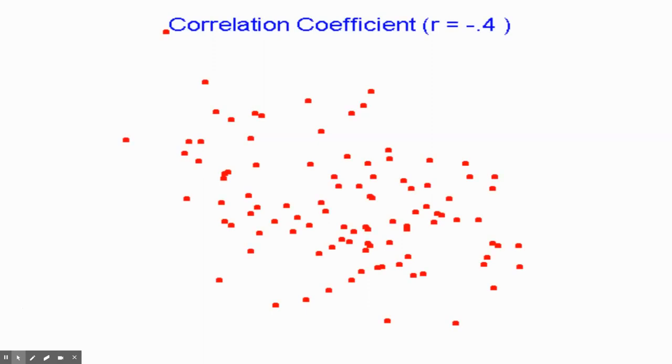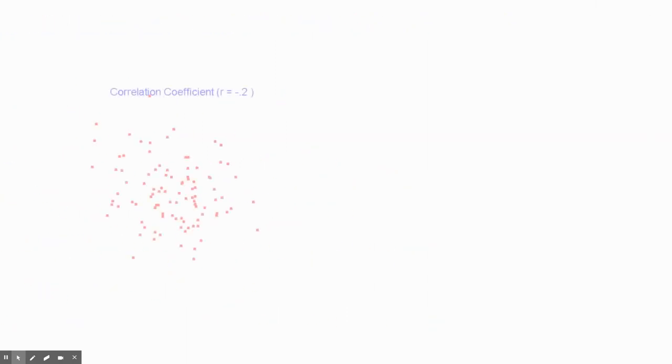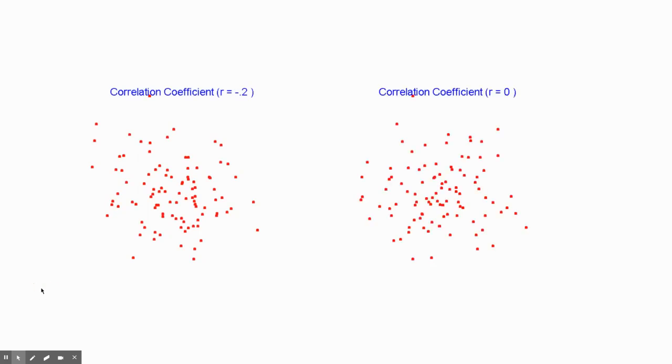-0.4. Now it's starting to look like a snowstorm. I would officially start calling this weak because it is above -0.5. We're getting closer to 0. Here's -0.2, and then here's R equals 0, which there's no correlation whatsoever. Look how close these are.